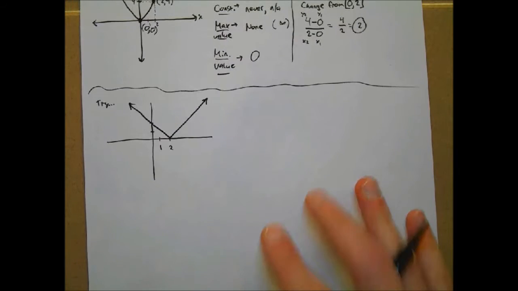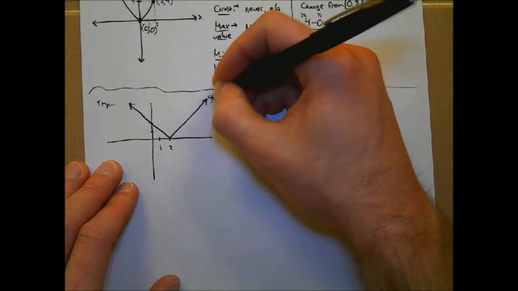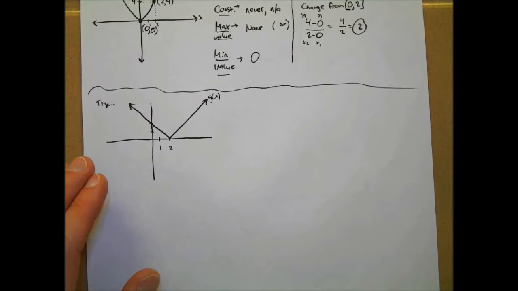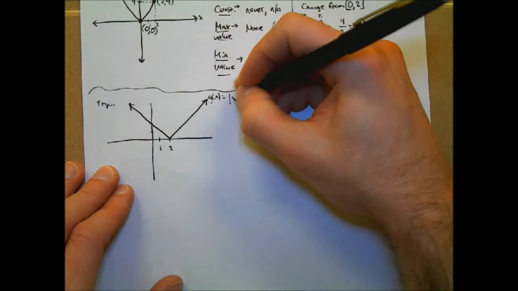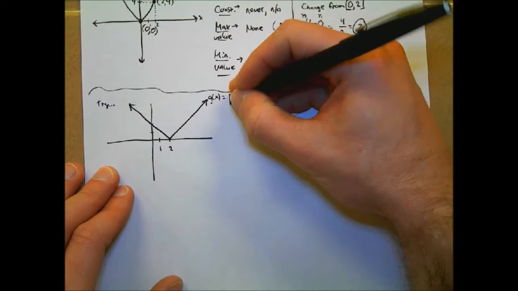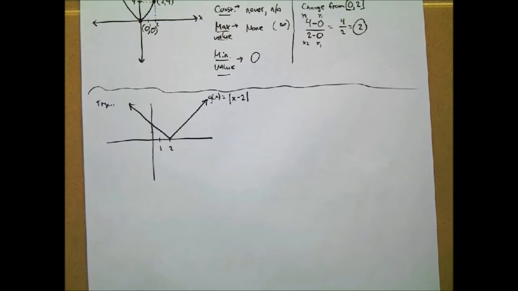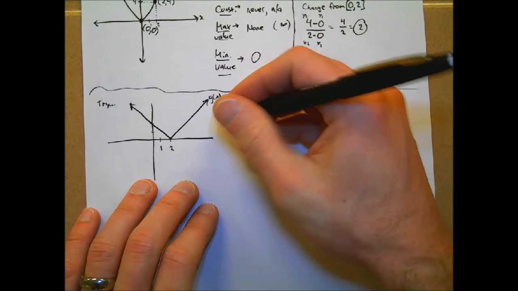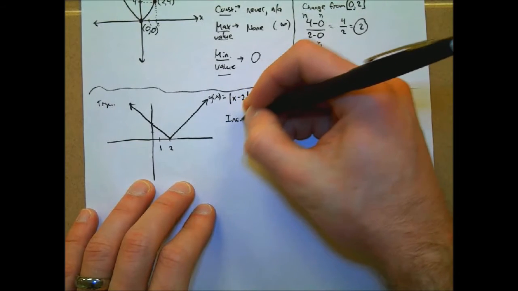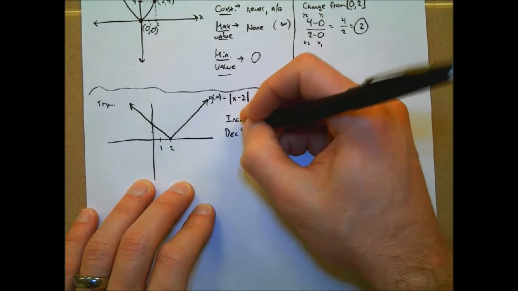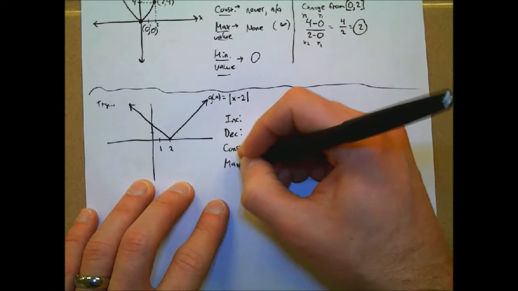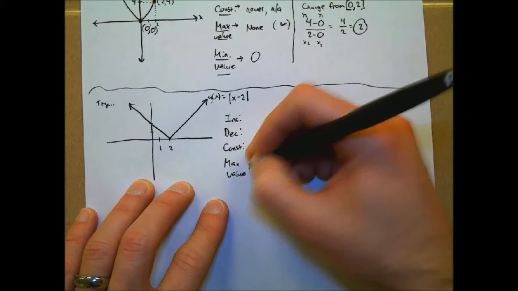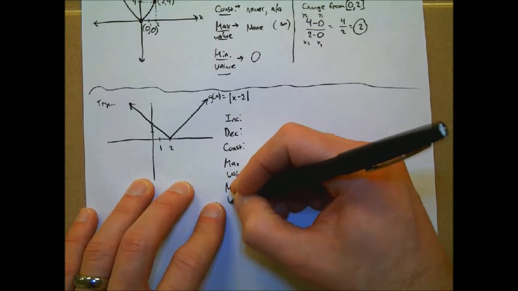We'll call this one g of x just to change it up a little bit. The actual function, I'll tell you, is the absolute value of x minus 2. Again, go ahead and tell me: where is it increasing? Where is it decreasing? Where is it constant? What's the max value? What's the min value?